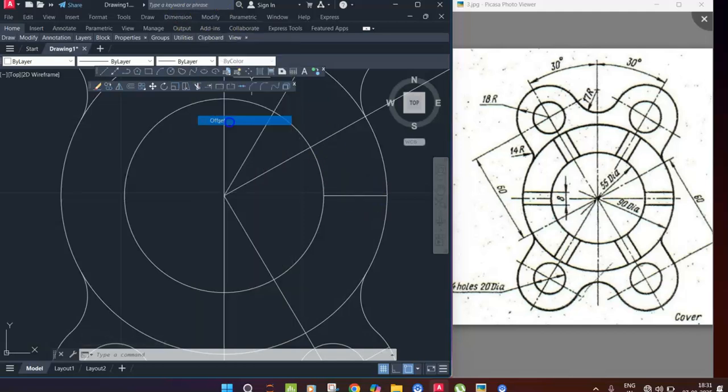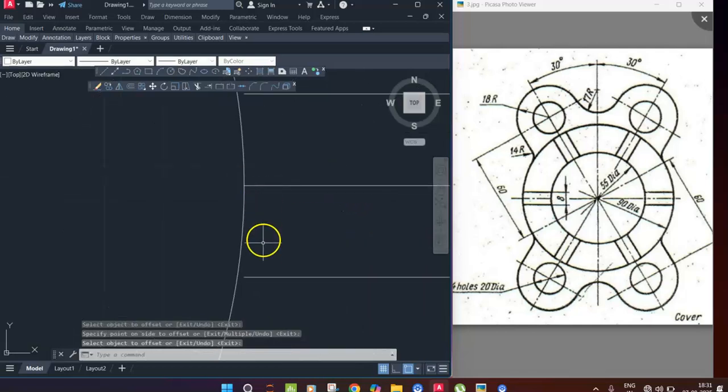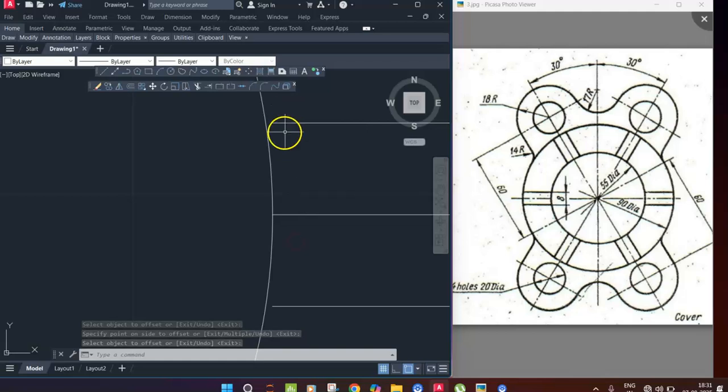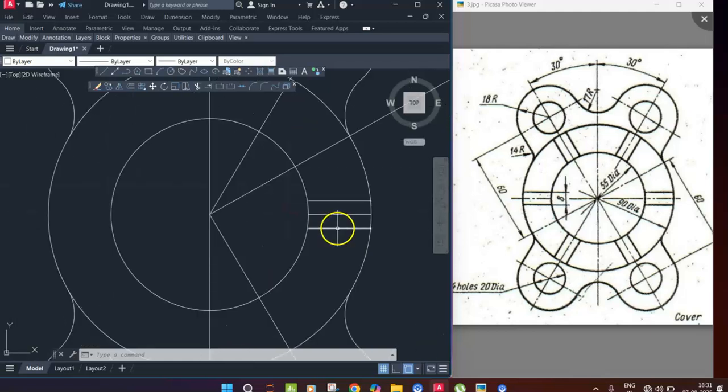Modify offset. So offset distance, how much is it? 8. So offset distance 4 with respect to the axis. This side 4, this side 4. If you trim it like that, there will be gaps like this. Carefully observe.